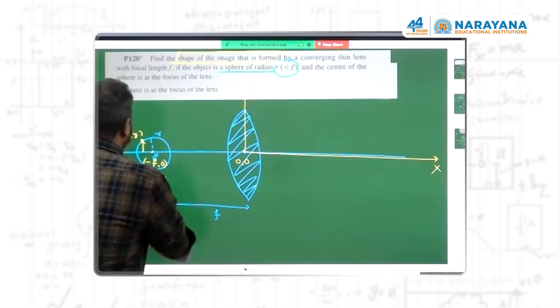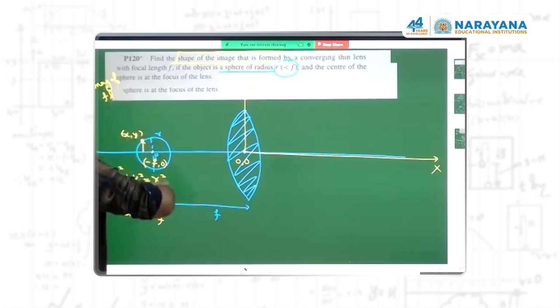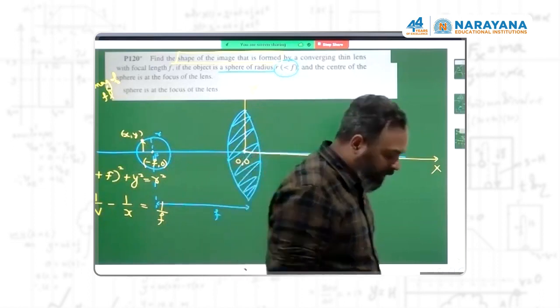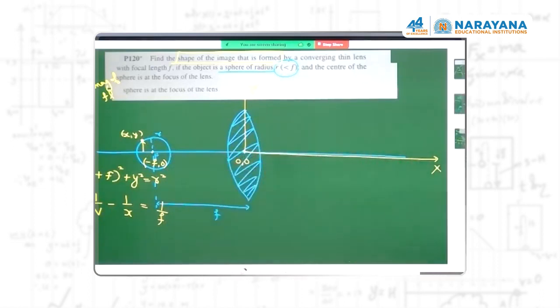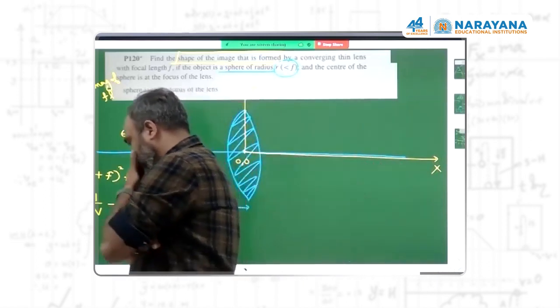Remember, I have already taken f in this problem as the magnitude of the focal length, so while writing the further equations I'm taking care of that. I have substituted x only, so 1 upon f seems fine.